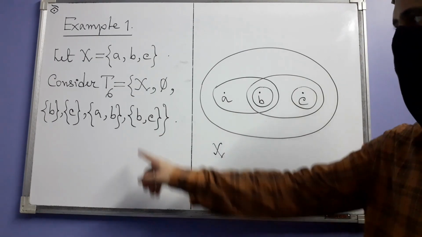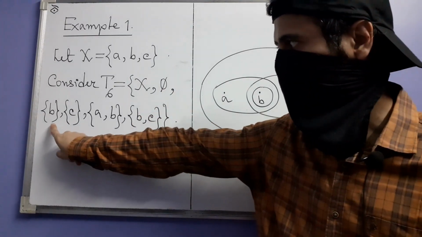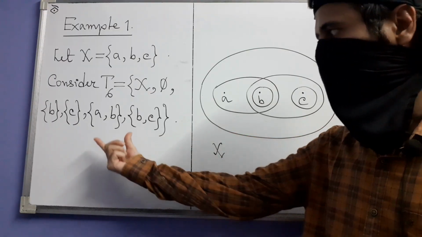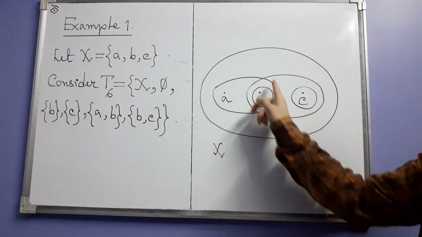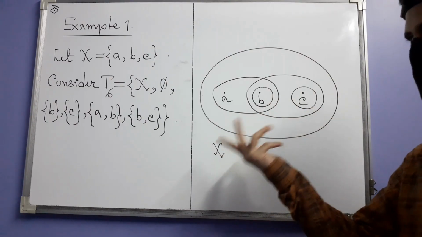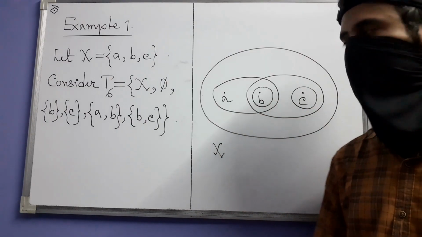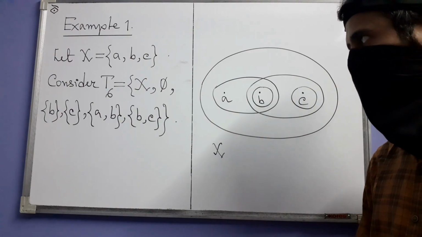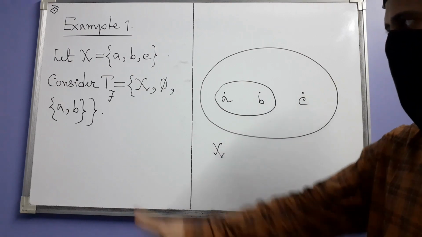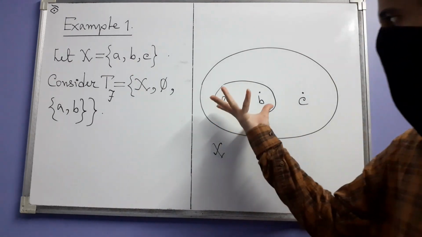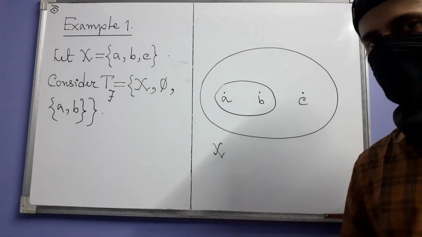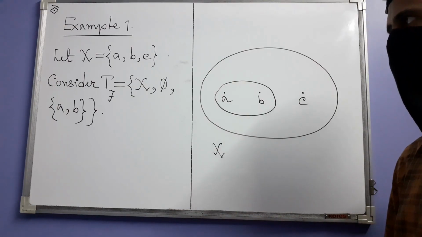In T6, besides these two sets, we have the singleton sets consisting of B and then C, and also the sets AB and BC. So this is another topology on X. Next we have T7. In T7, besides these two sets, we only have the pair set A comma B. This is also another topology on X.